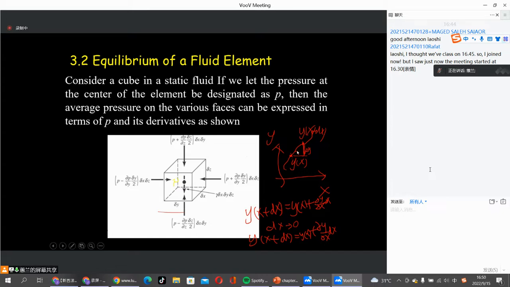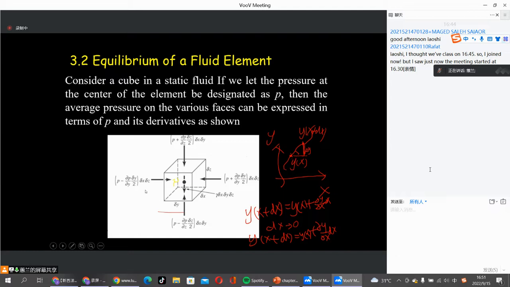But for most functions, they are not linear. That's why we not only have the first order, we also have the second order and the third order. But if dx is small enough, we can assume that the function from y(x) to y(x plus dx) is linear.